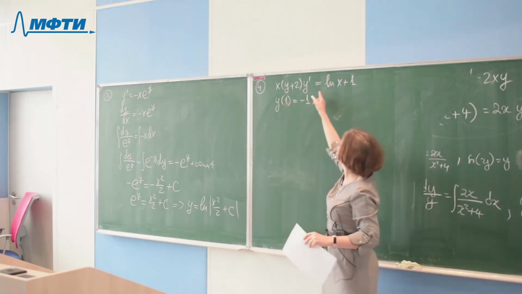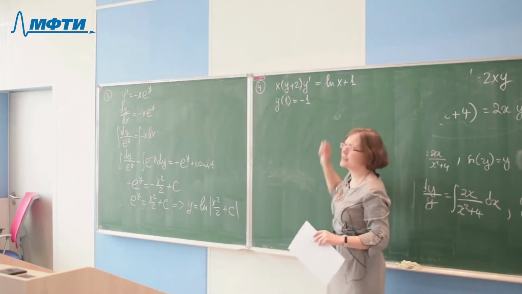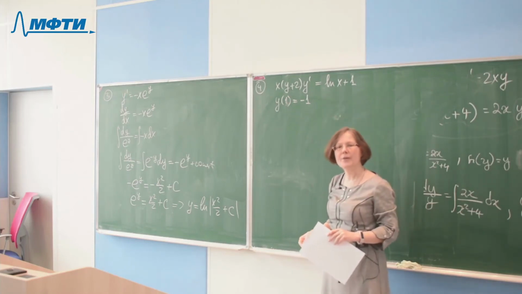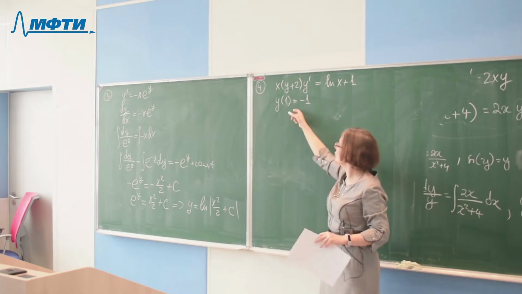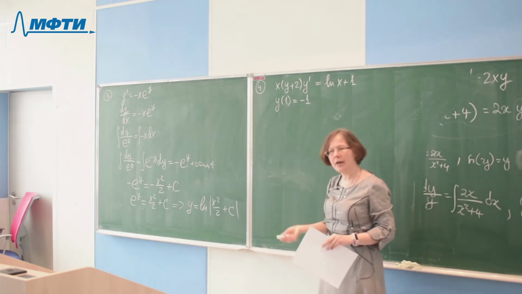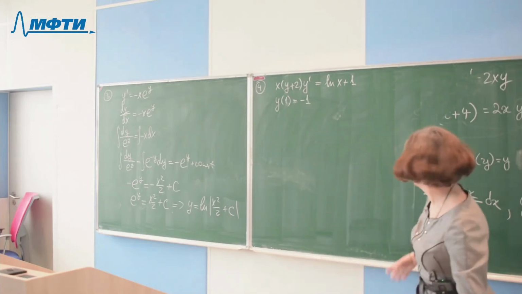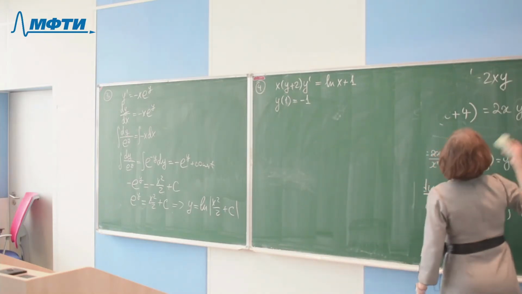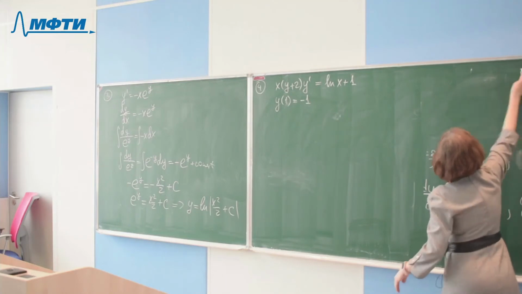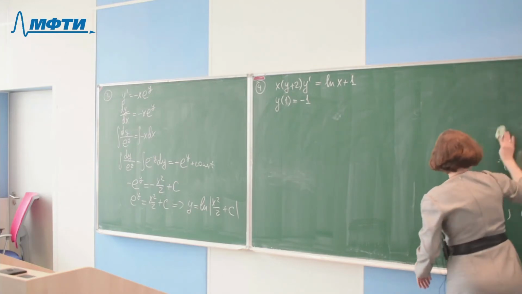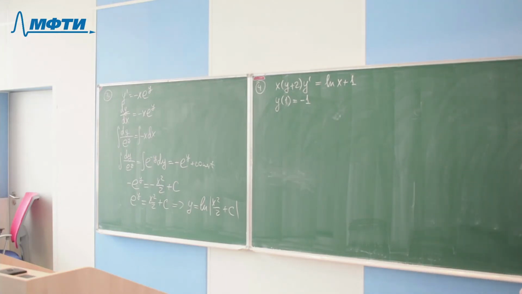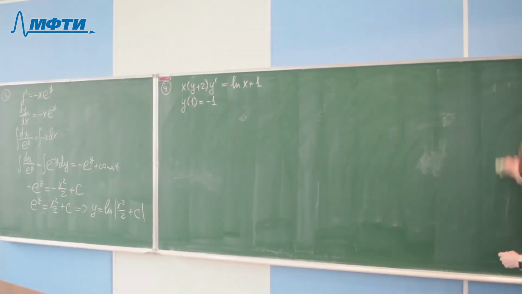So we will find the general solution of this differential equation, and then after this we will use this initial condition to find the value of the constant, and to find a particular solution which obeys this restriction, this initial condition.